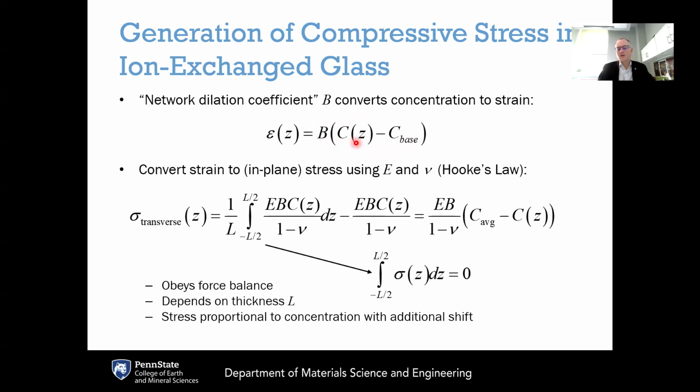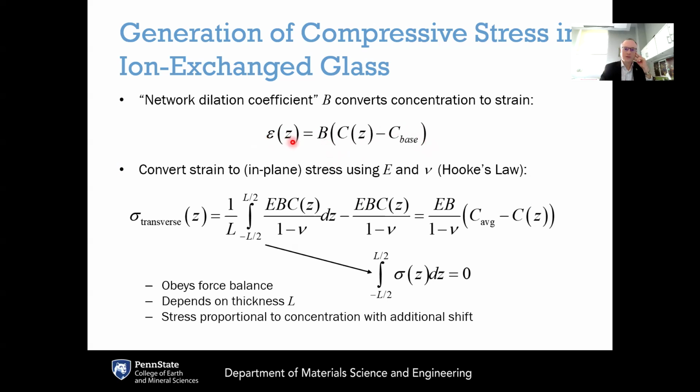A thermal expansion coefficient tells you how much linear strain a material undergoes per degree change in temperature. The network dilation coefficient B tells you what is the linear strain per unit of ions exchanged. So for every mole percent of ions exchanged, how much strain do we get? And that is the coefficient B, and that gives us a strain profile, epsilon of Z, going through the thickness of the glass.